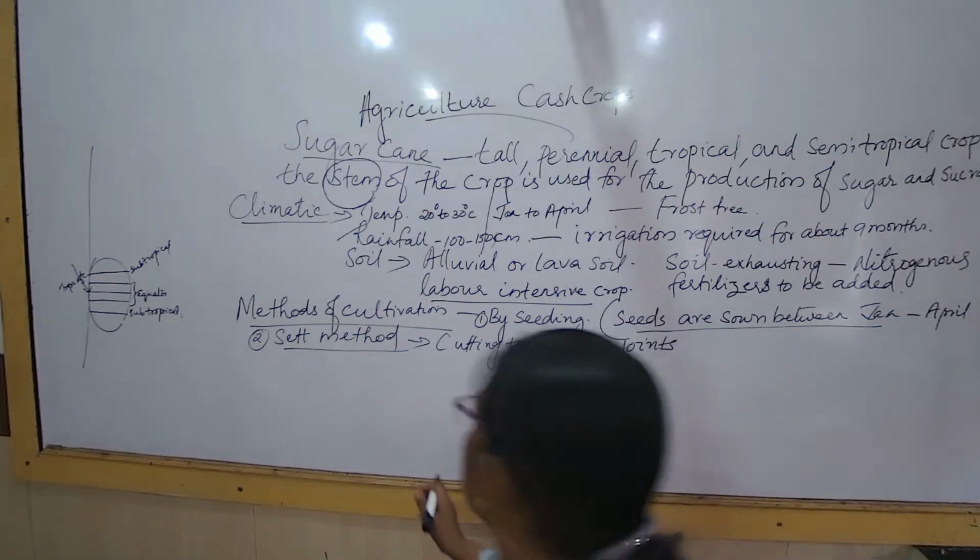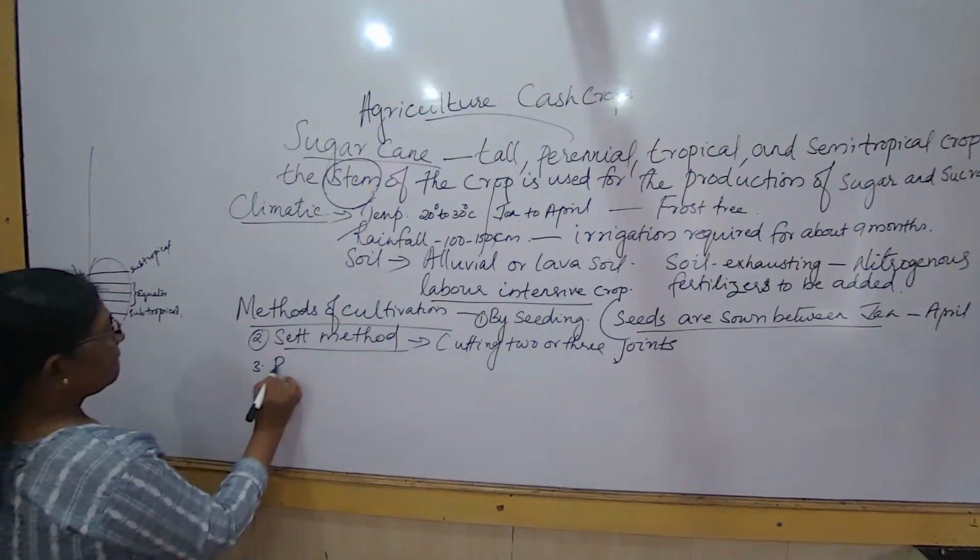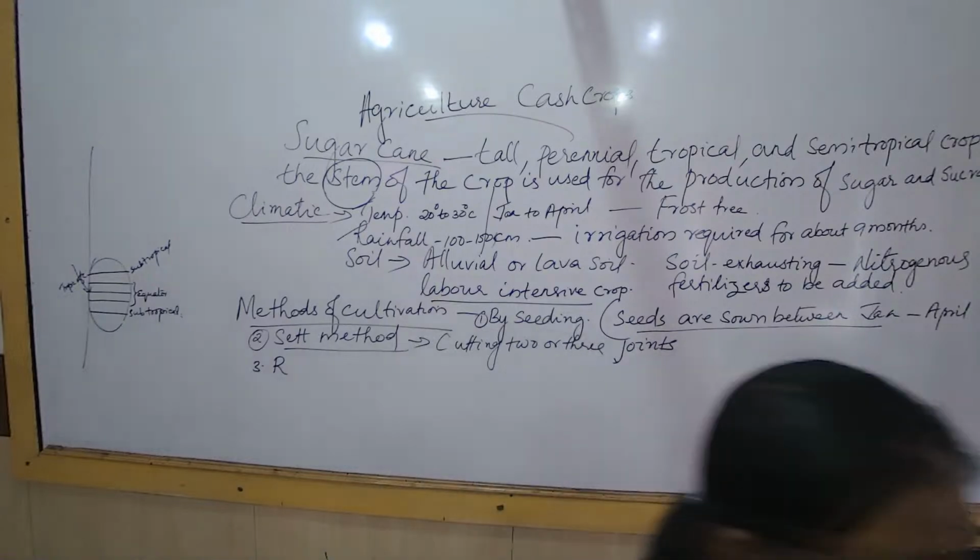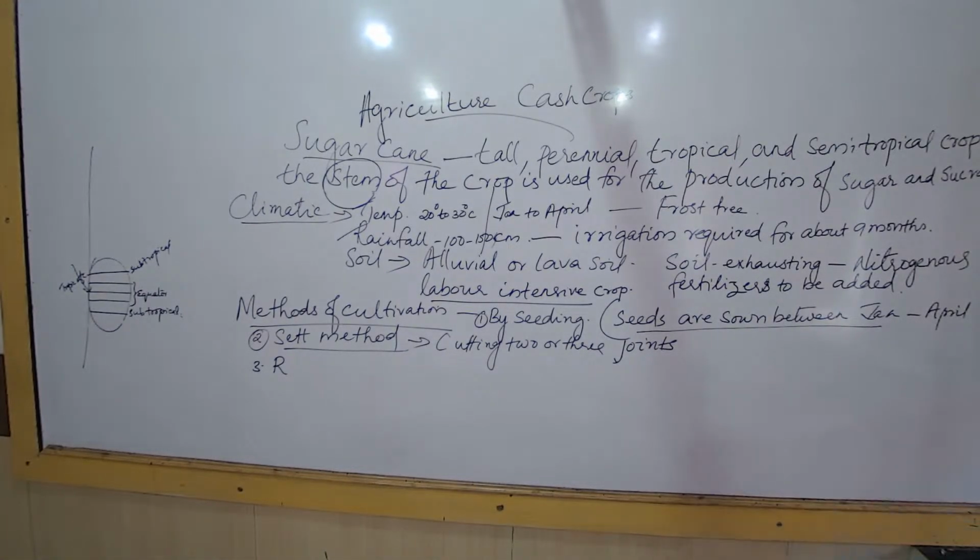Now, ratoon cropping. It is not completed. You want to write it? Okay. Cutting 2 or 3 joints taken from the top of the healthy plant, planted horizontally at a distance between 1.5 to 2 meters.